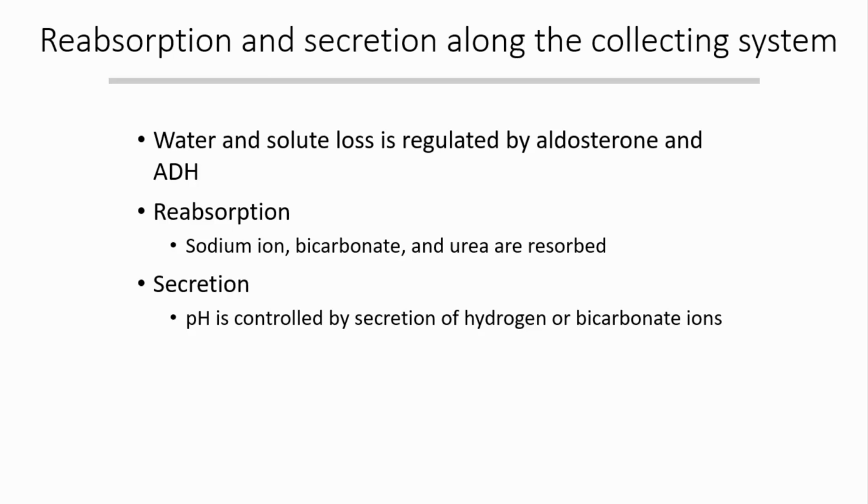In other words, if your blood is acidic, then you're going to pee out more hydrogen and retain more bicarbonate ions. If your blood is alkaline, then you're going to retain more hydrogen ions to acidify the blood and pee out more bicarbonate ions, which buffers the blood.